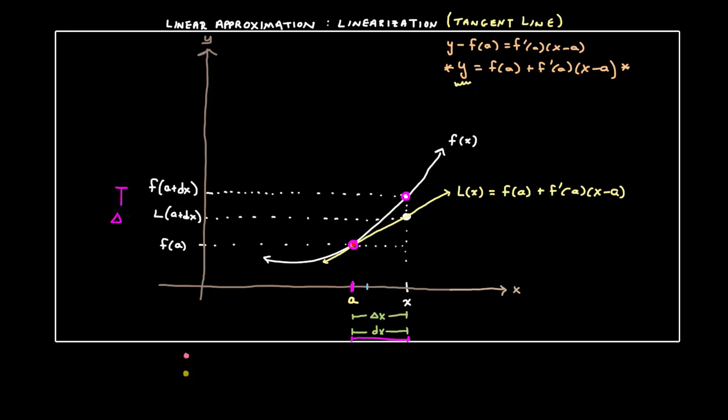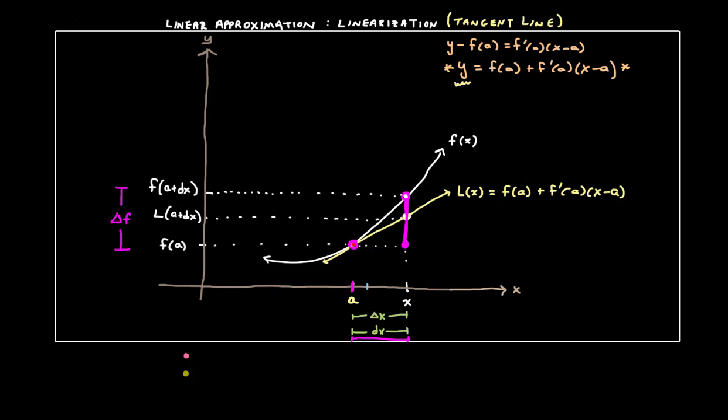So this here, delta f, this distance between these 2 points, I'll highlight it here, this distance between those 2 points is going to be the actual error. And what we're going to do is we're going to use the line tangent to approximate that error.